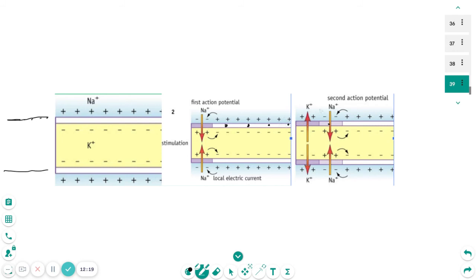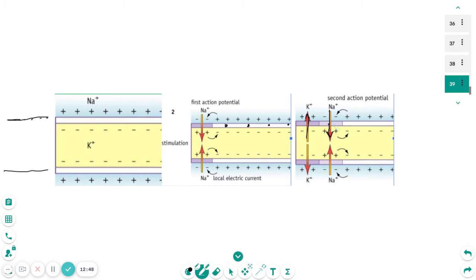So whilst this region here is depolarizing, it's important that the previous region of the axon returns back to normal. So you can see here that repolarization is happening, and eventually the sodium potassium pumps in this region will be activated, and it will return it back to normal.